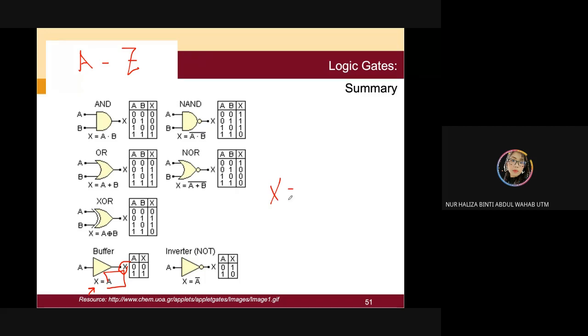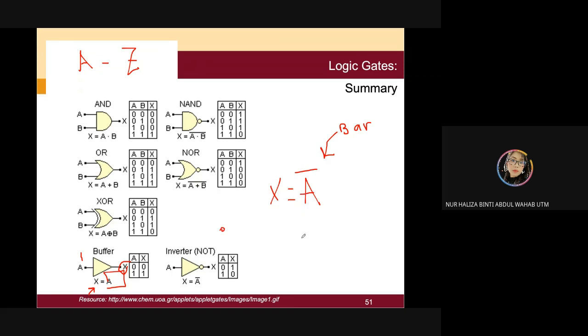X equal to our A for the buffer. But if let's say you have NOT, you need to invert it. So we put a bar over here. We call it A bar. So this A bar is the inverter of A. If let's say your A is 1, the value of A bar will be 0.